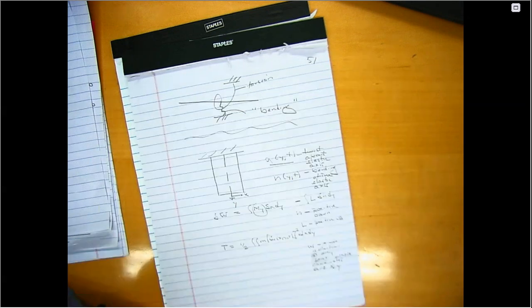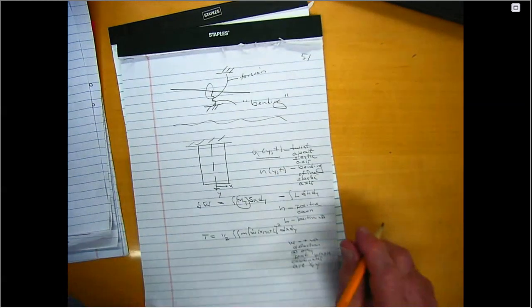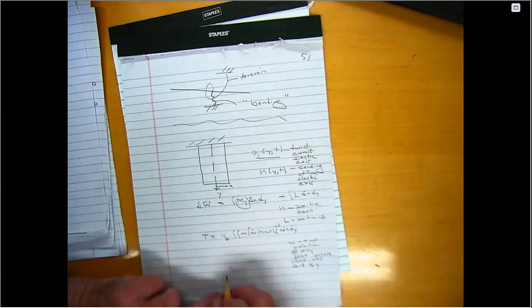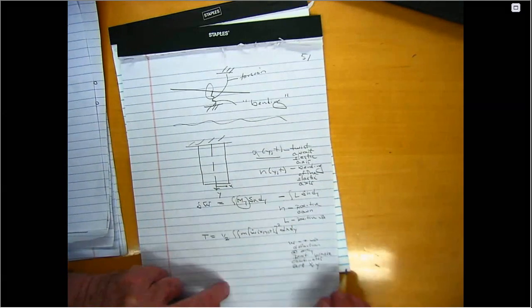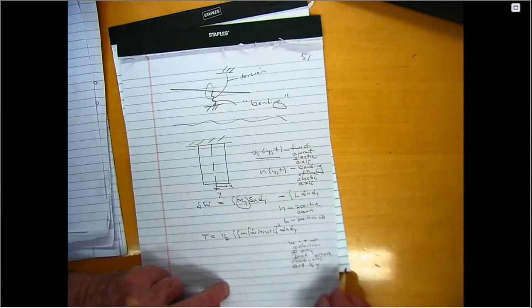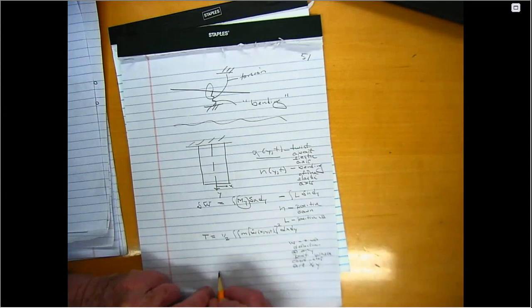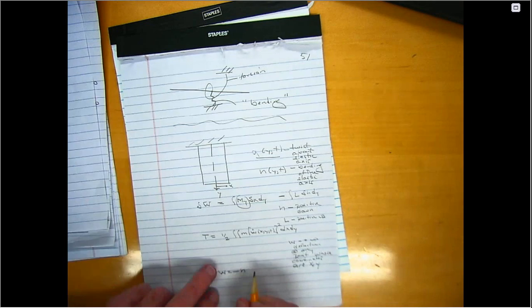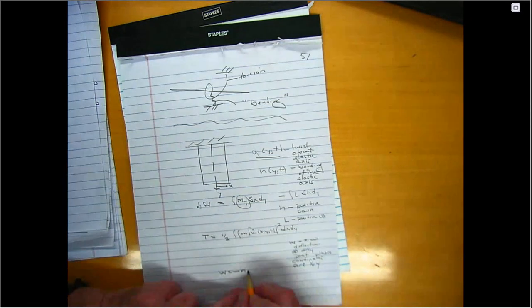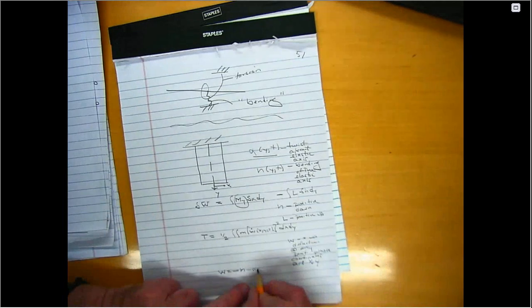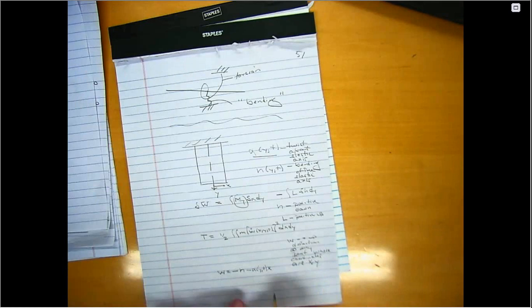Okay? Now I'm going to write w in terms of h and alpha, right? And so the way I've set things up, w is minus h, remember, w is positive up, h is positive down, hence the minus sign, minus alpha, which depends on y and t, times x, right? This is the deflection of any point due to the twist. This is the deflection due to the bending of the elastic axis.